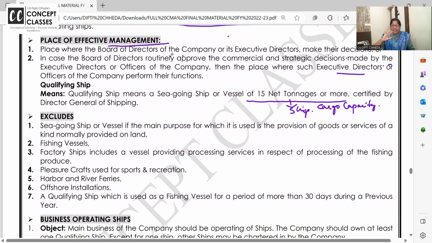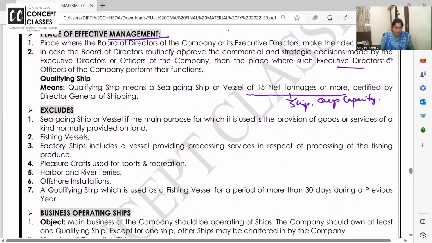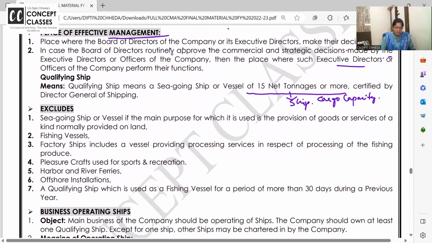This tonnage tax concept is not applicable to shipping companies who are doing the business. Excludes means NA, not applicable. To whom? Sea going ship or vessel, if the main purpose for which it is to be used is the provision of goods or services of a kind normally provided on land.